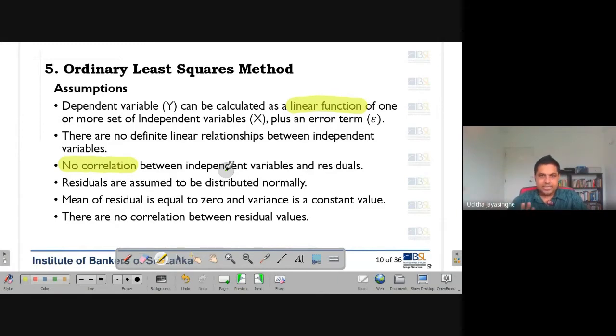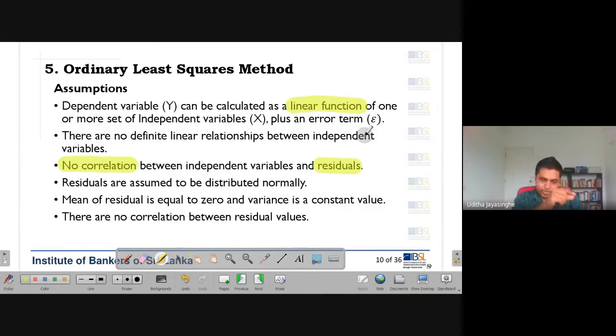So under assumptions, we say that there is no correlation between such independent variables and the residual. This part is very important. The residual is an error. For any individual point under OLS, you can calculate error 1, error 2, error 3. Each error is the actual y value minus the y hat, the predicted value.